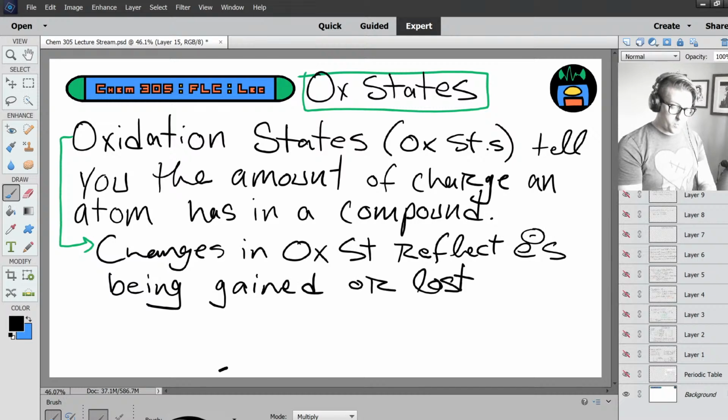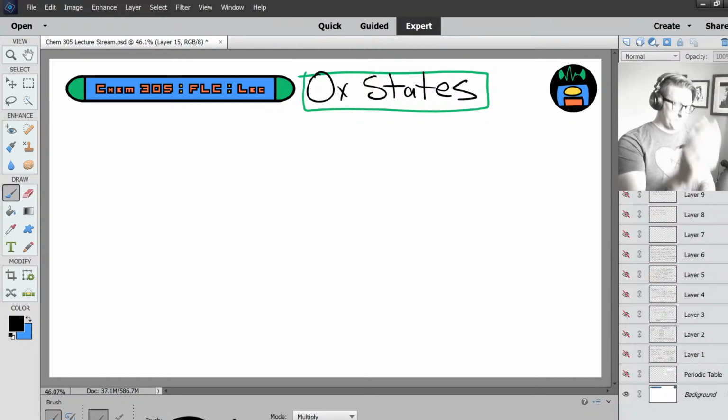The whole reason why we're doing this is when you can assign oxidation states, you can look to see which elements have changing oxidation states, and those changes will reflect electrons being gained or lost. So this is how you're going to narc out who is selling electrons, who's buying electrons. It's with this method. Now, these are the rules for assigning oxidation states.